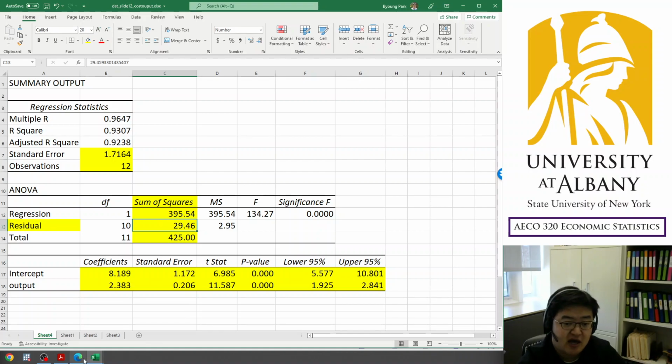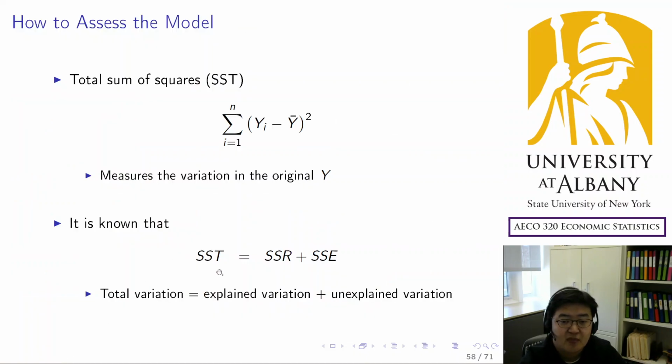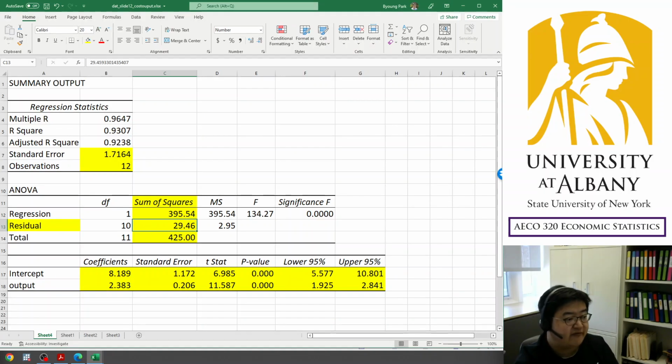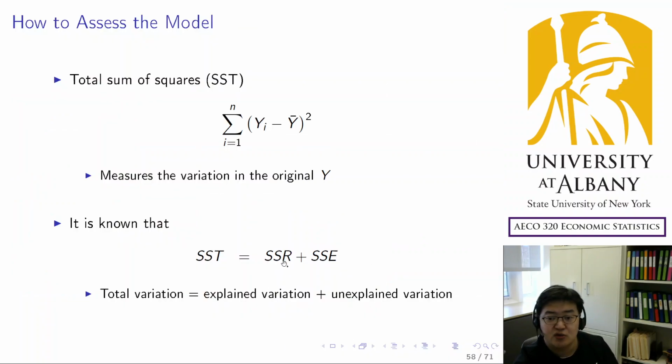So what's interesting here is the total sum of squares. Over the last year, your cost changed 425. That can be perfectly decomposed into explained variation and unexplained variation.